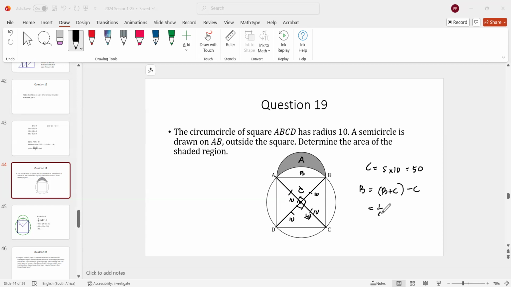And the area of a quarter circle is a quarter of the area of the whole circle. The radius is 10, so it's pi r squared. So 10 squared is 100. Put the pi afterwards. Pi times 10 squared is 100 pi. A quarter of that is 25 pi, and that is your B plus C. And then you're going to subtract from that the area of the triangle.